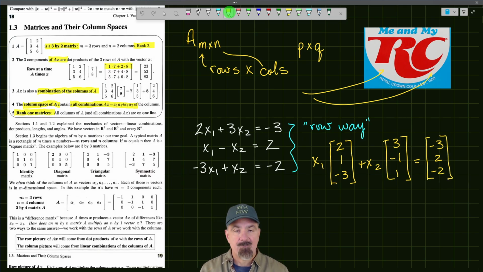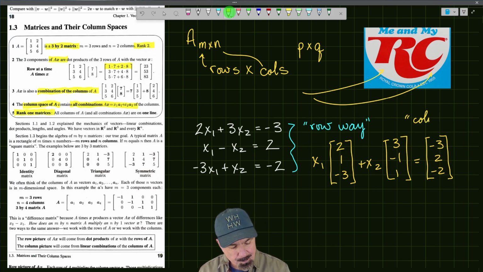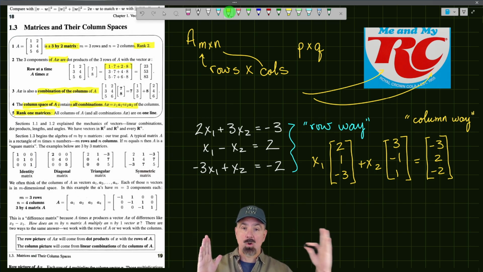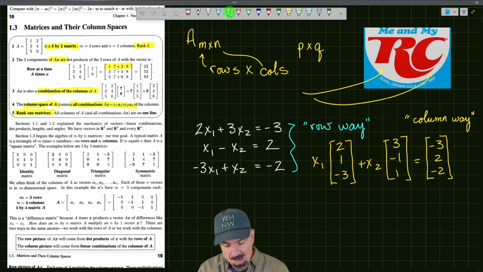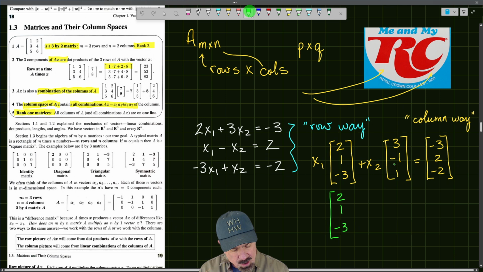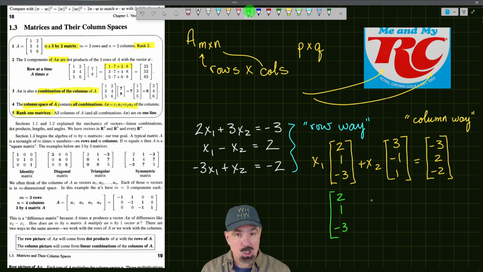This vector representation of the equations is what Strang calls the column way, because we're really focusing in on the coefficient vectors, the column vectors for the coefficients, as well as the right-hand side vector. And then finally we have the matrix way, where we write down the columns associated with the coefficients for each unknown: 2, 1, negative 3 and 3, negative 1, 1. This is a matrix now, which we see as a 3 by 2 matrix.